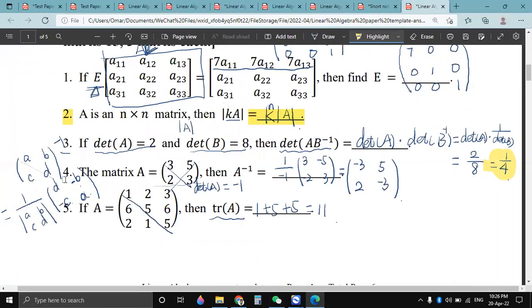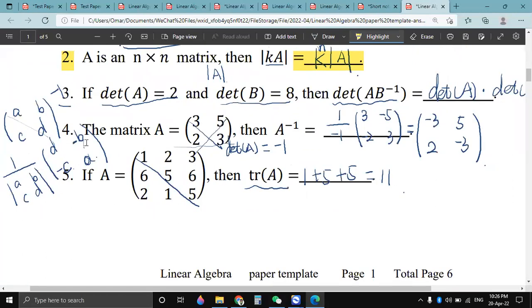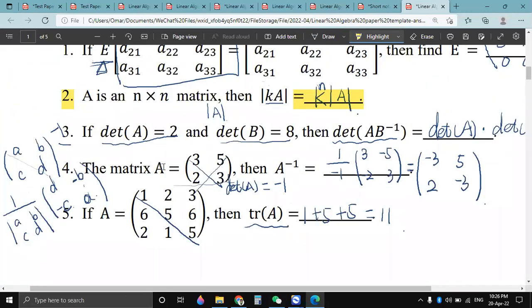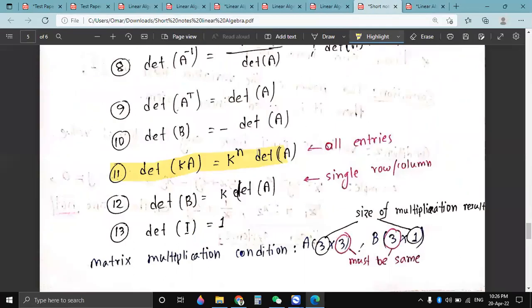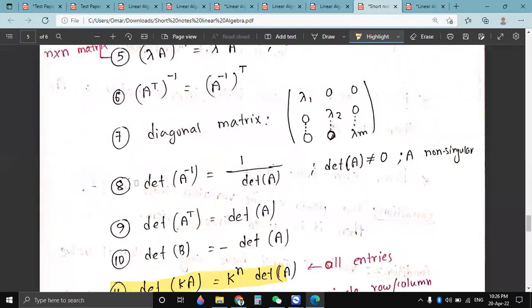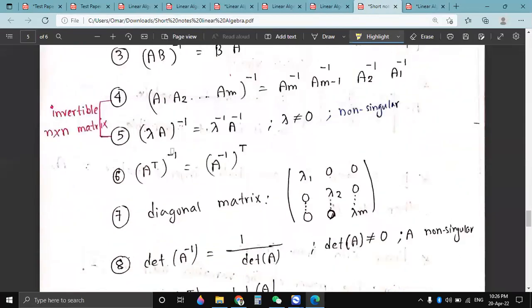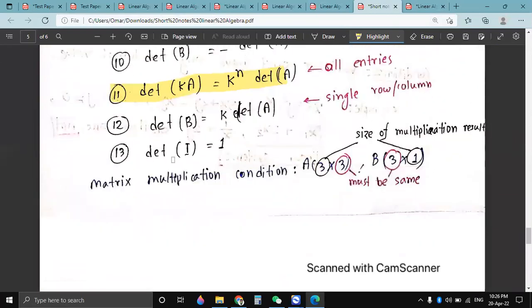So for the fourth question here, the matrix A is 3 5 2 3. Then A inverse is equal to what? So the formula is, okay, let me show you.